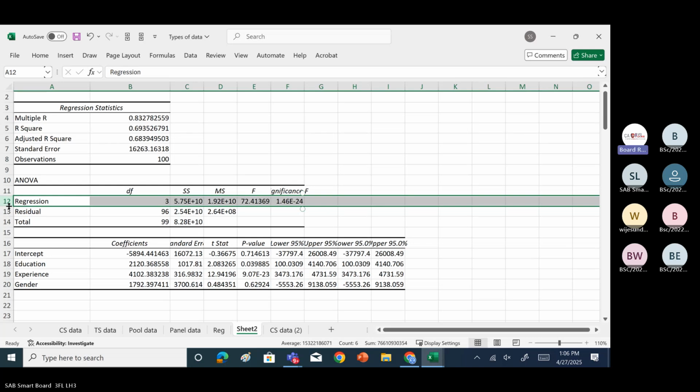Two important statistics: R square and the adjusted R square.